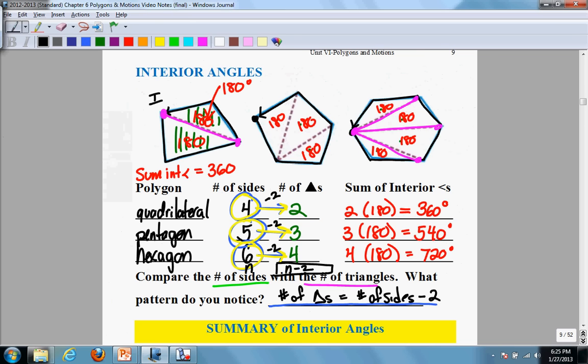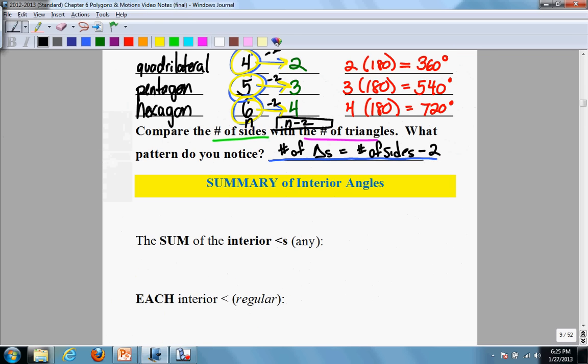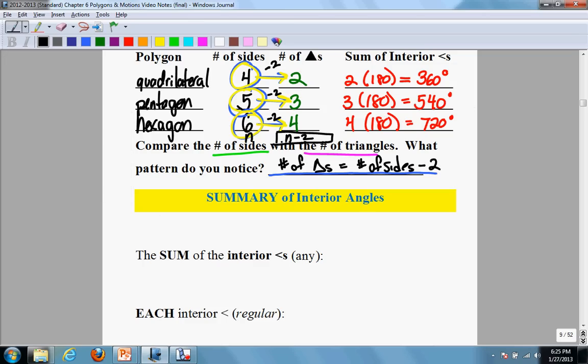This brings us to a very important, very simple equation. To find the sum of the interior angles of any convex polygon, we're going to use the number of sides minus 2 times 180.